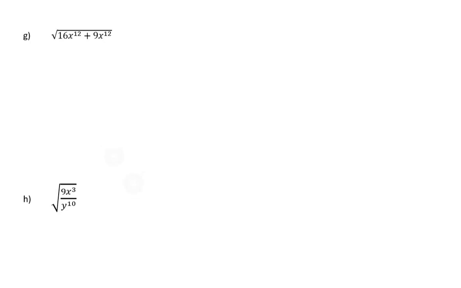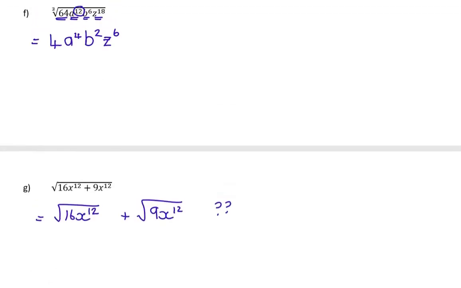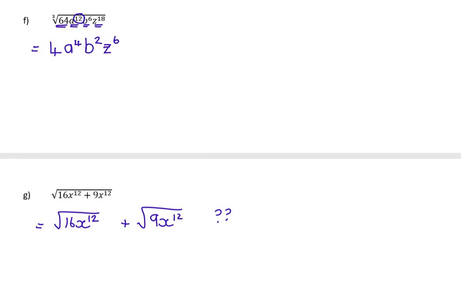Okay, let's do a couple more interesting ones. Can I do this? Oh gosh, I'm square rooting 16x to the power of 12, and I'm square rooting 9x to the power of 12. Is that allowed? Now that looks like exactly what you've done there in F, because in F I cube rooted each of the parts individually. So why am I not allowed to do this?